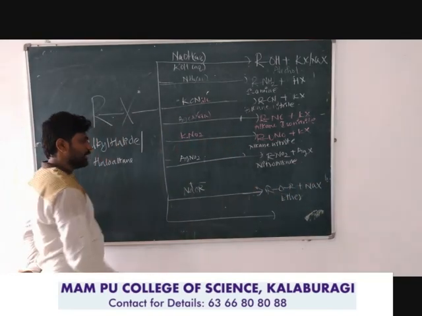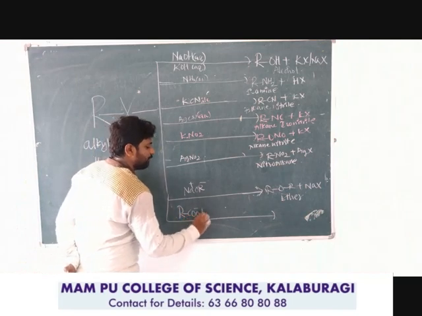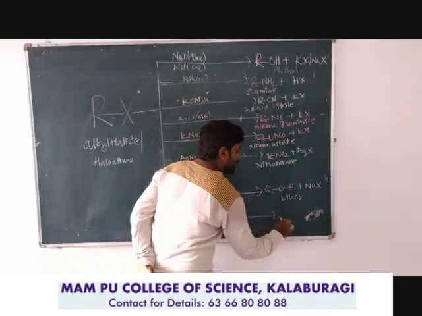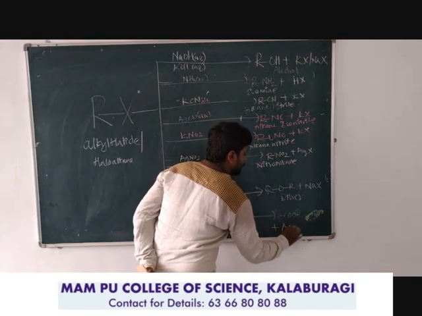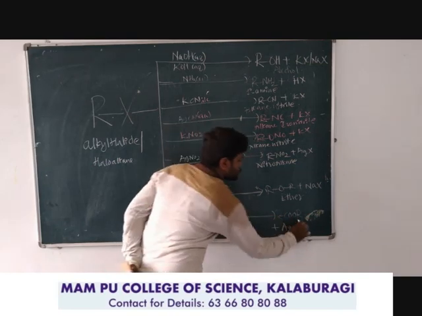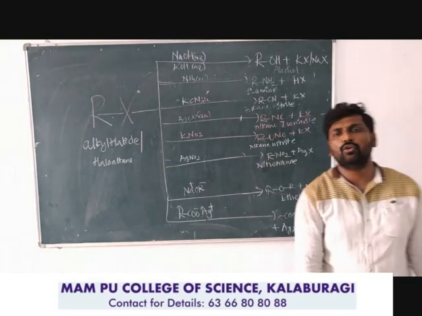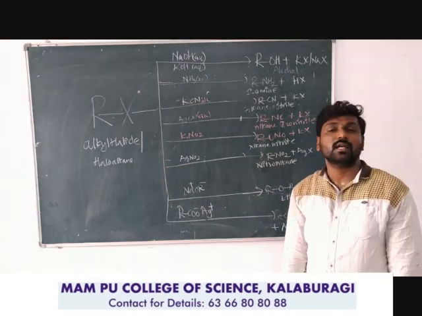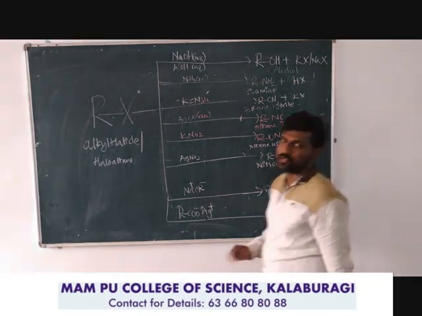And the last reagent, the eighth one, is silver salt of fatty acid, carboxylic acid. I will get ester as the product, RCOOR plus AgX. So this is ester. Remember, in this way this whole flow chart will remind you of 8 different types of reactions with the 8 different reagents of nucleophilic substitution reaction.